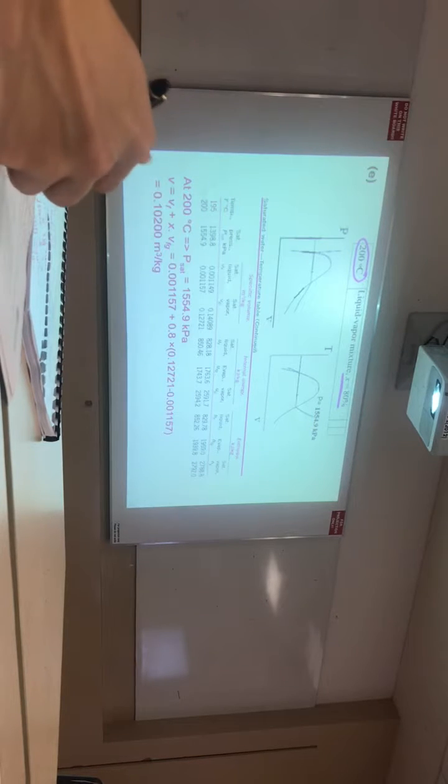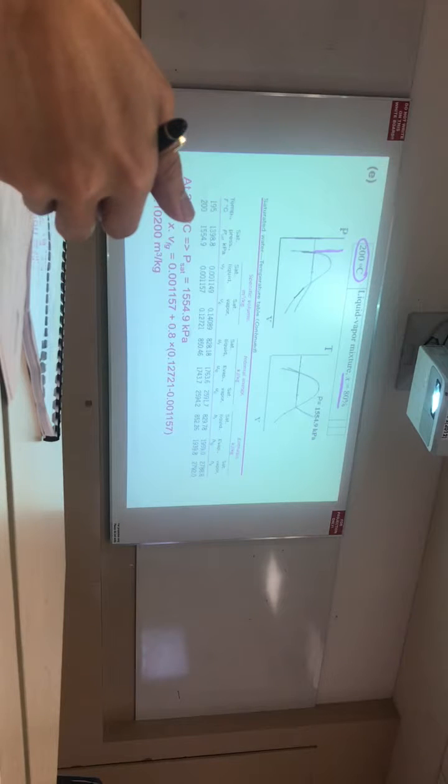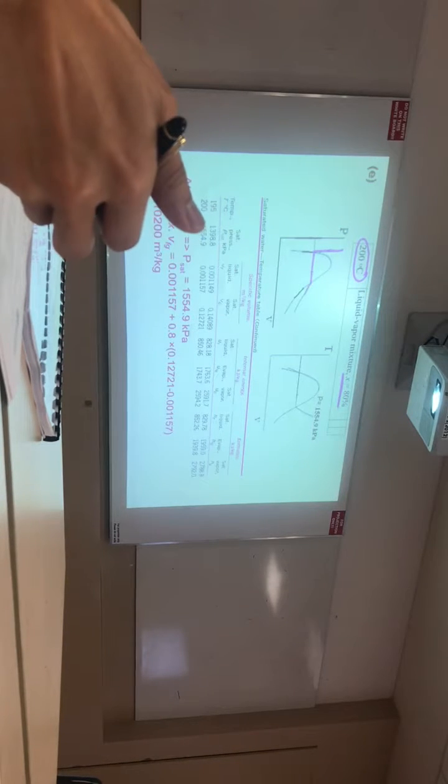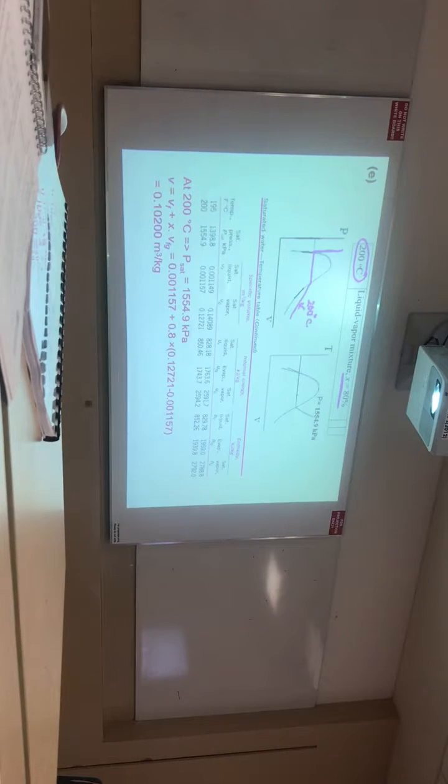Okay, so that means in the PV diagram, I can show the constant temperature line, which is 200 degrees Celsius, and this one, saturation pressure with 200 degrees Celsius, which is 1554.9. Right, at 200 degrees Celsius, I can calculate Vf and Vg, right?